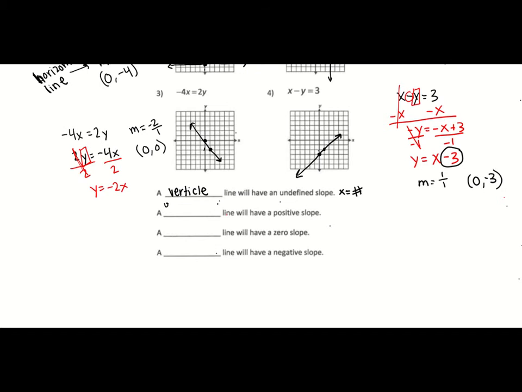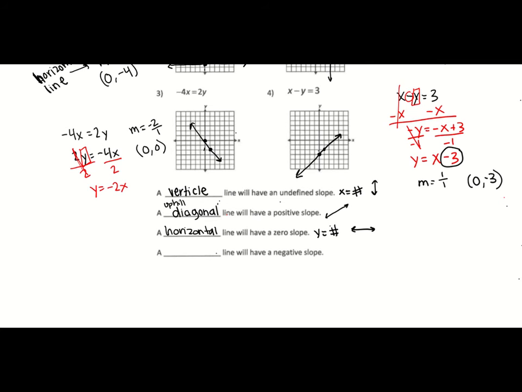An uphill diagonal line will have a positive slope, so that means it's looking something like this. And a horizontal line will have a 0 slope, so that means it's going to be y equals a number. Remember, vertical is up and down like this, horizontal is side to side.